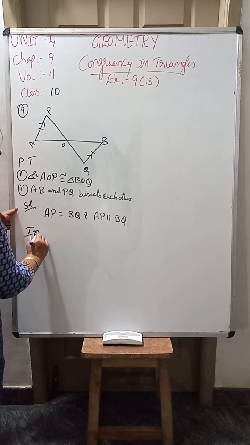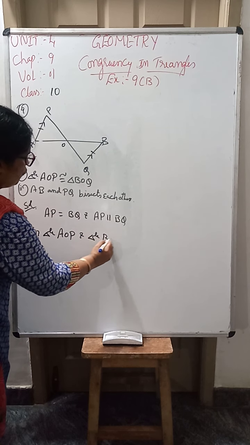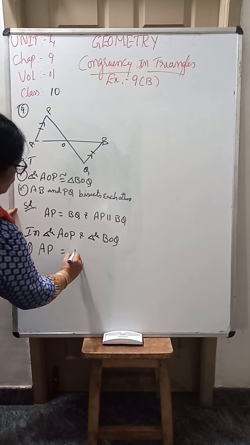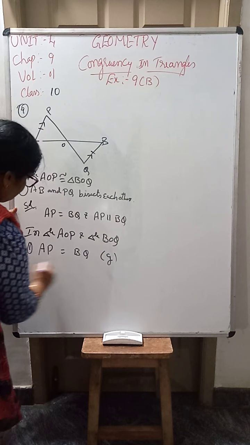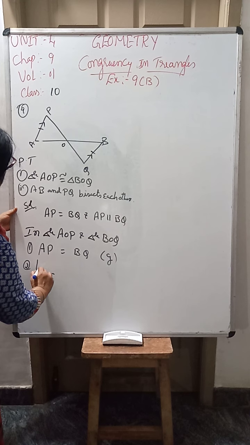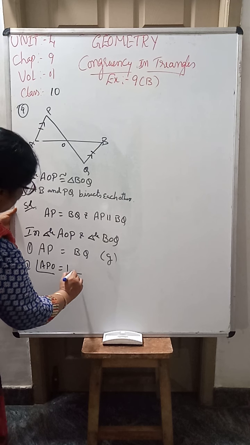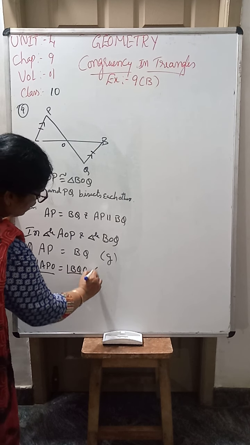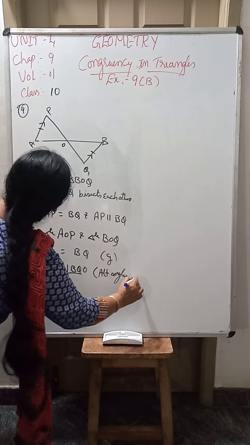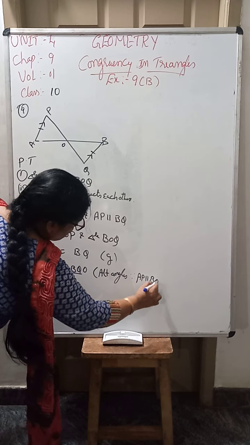Now, in triangle AOP and triangle BOQ, first, AP is equal to BQ, given. Second one, angle APO is equal to angle BQO, alternate angles because AP is parallel to BQ.